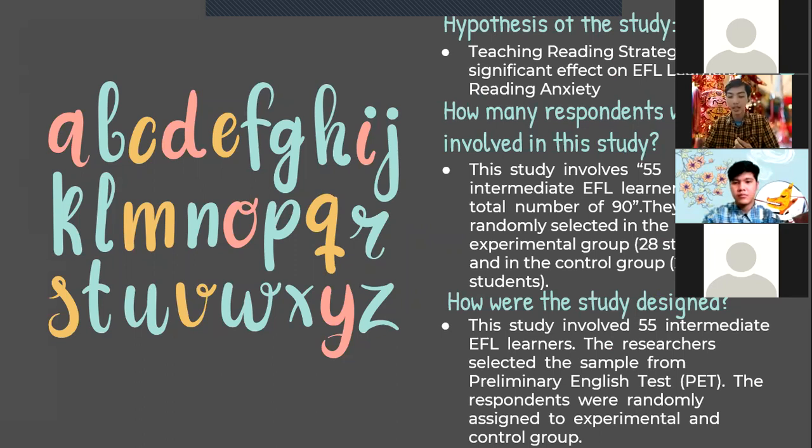Can you guys differentiate the independent and dependent variable?